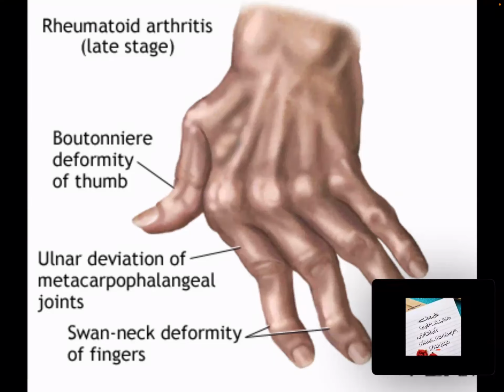If it is mechanical, like osteoarthritis, the pain will increase by the end of the day because of using the joints while there is no lubrication, dryness, and the cartilage and the bone are damaged. This will cause pain while using. So this will increase by the end of the day, while in inflammatory arthropathy, the pain and stiffness will be more in the morning.